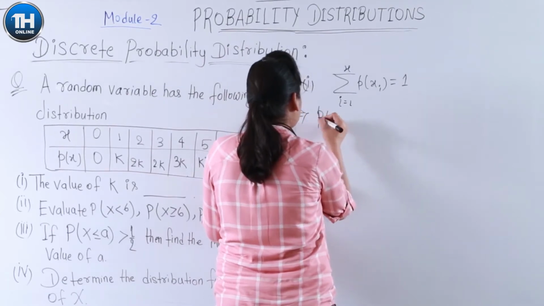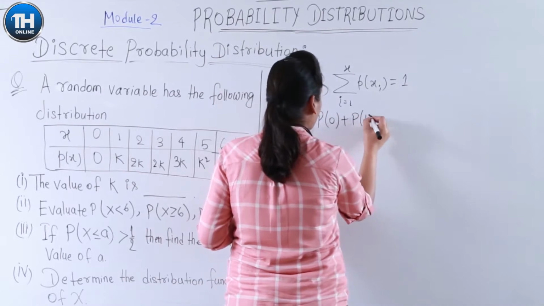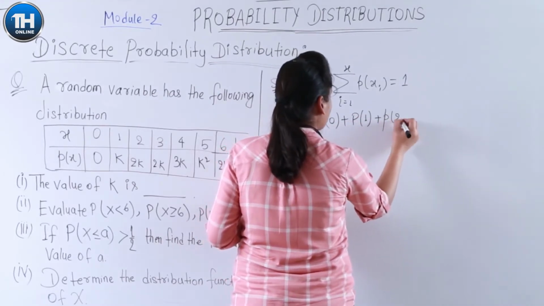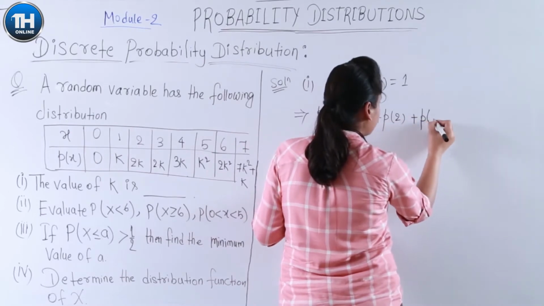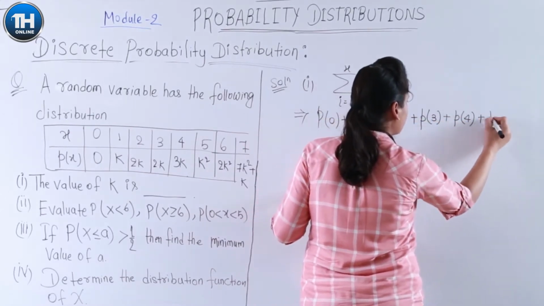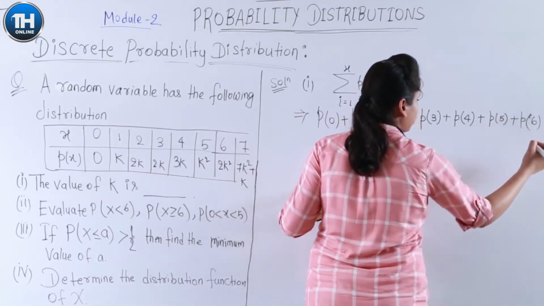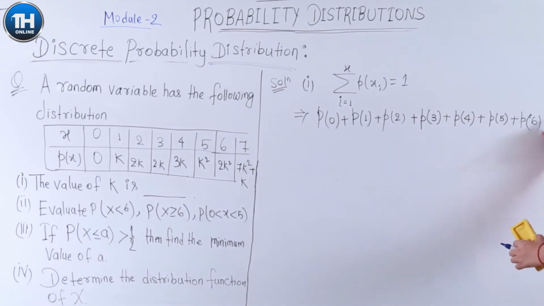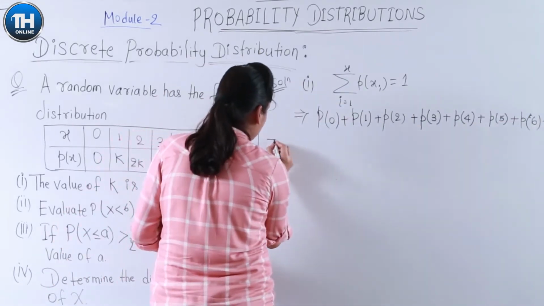These are 0, 1, 2, 3, 4, 5, 6 and 7. Now let us put the values.